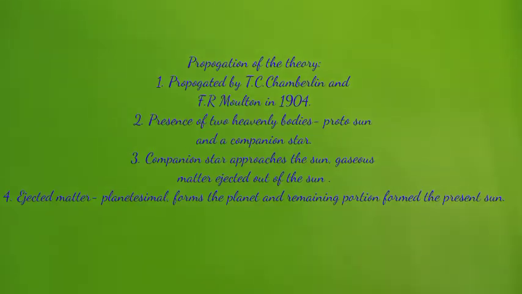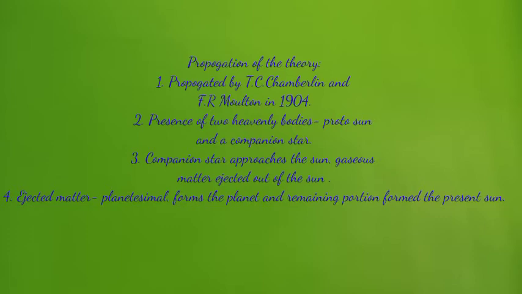Now, this bigger star happens to approach towards the sun, that is the proto-sun. And as it comes closer to the proto-sun, because it is bigger and has larger gravitational force, it resulted in attracting the proto-sun towards it.